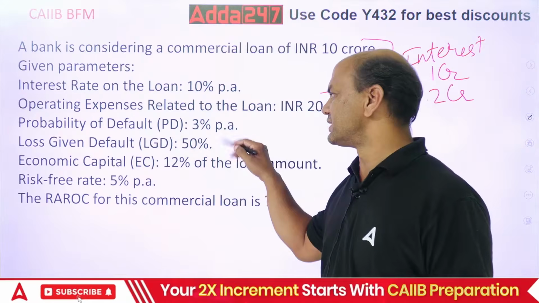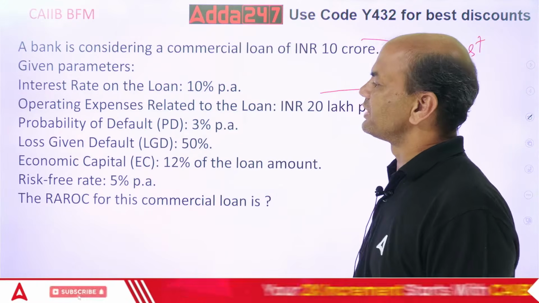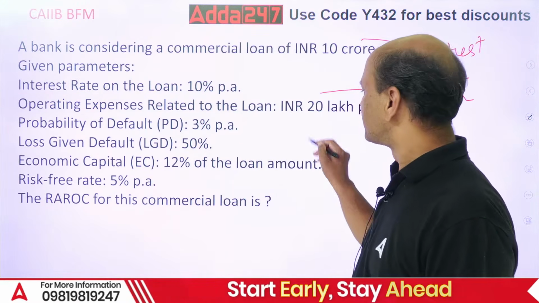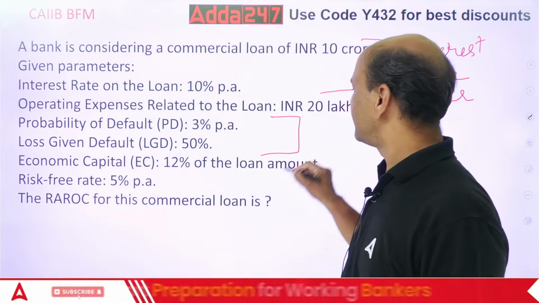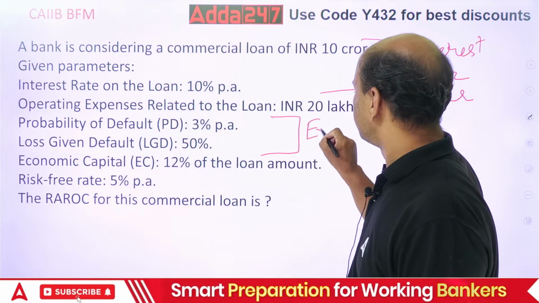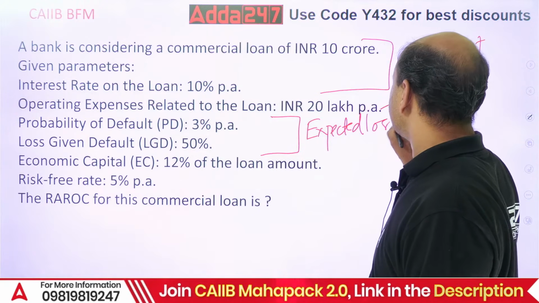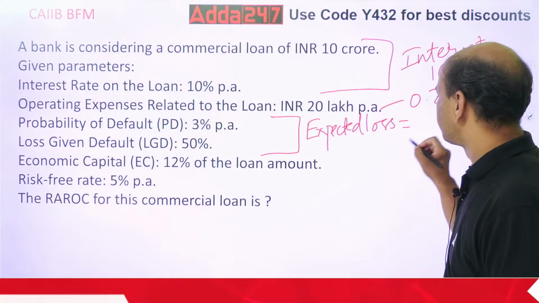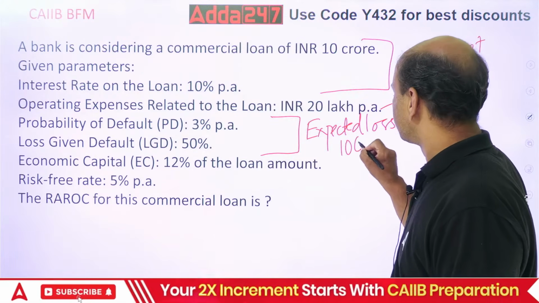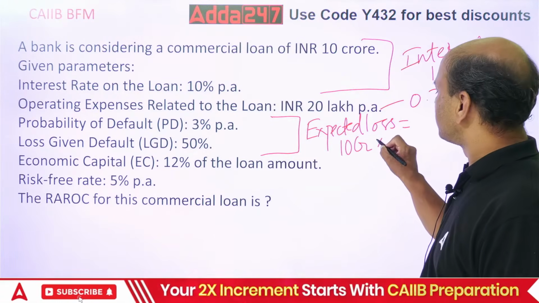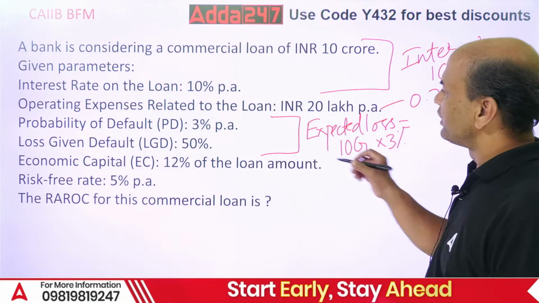Then the third part is probability of default and loss given default, that is the expected loss. That is equal to 10 crores into 3% into 50%.